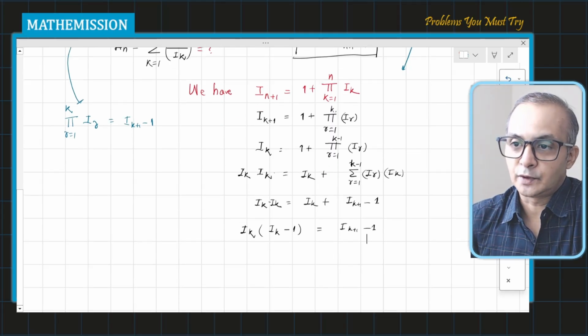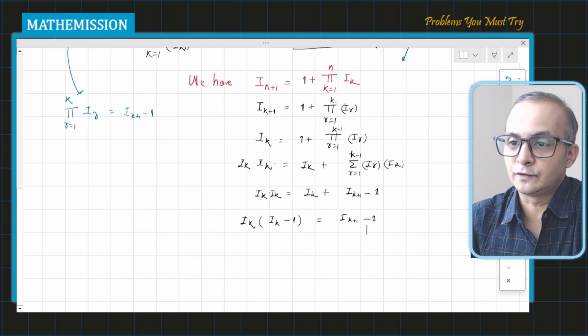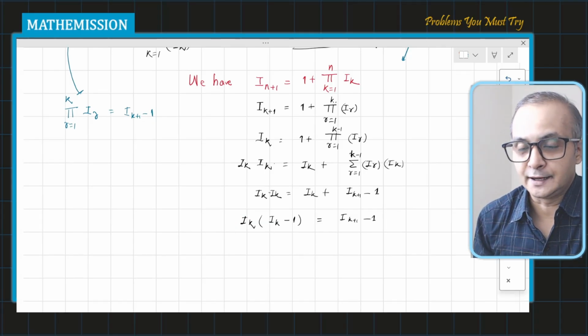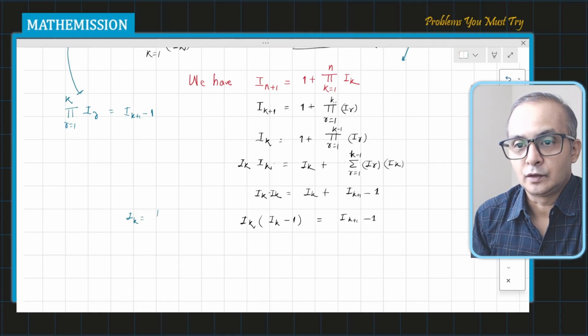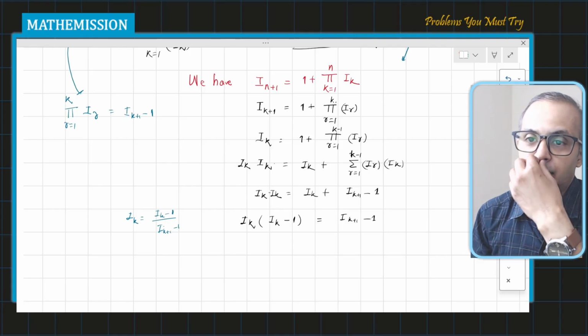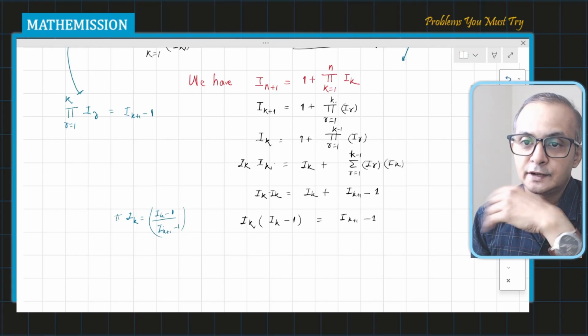Now there is one problem. If you want to write 1 by i_k here, we have to be very careful. If you take 1 by i_k not so smartly, what we get here is 1 by i_k is equal to 1 by (i_k minus 1) times (i_k plus 1 minus 1). Now this is one very wonderful thing. If I have the product of the i_k, you can notice that this will get cancelled.